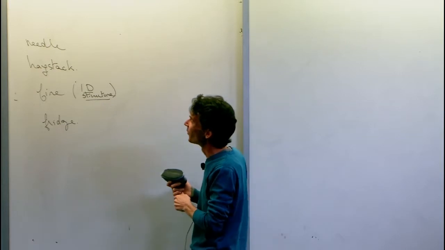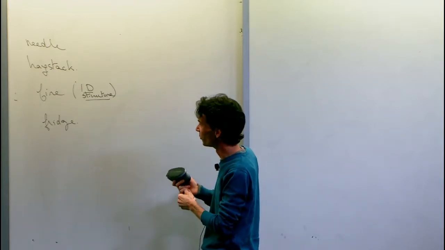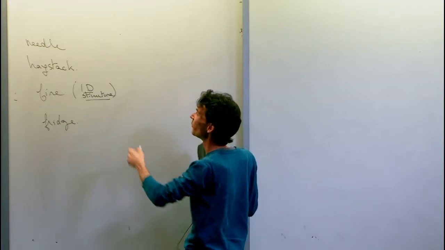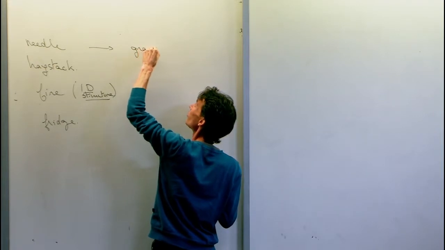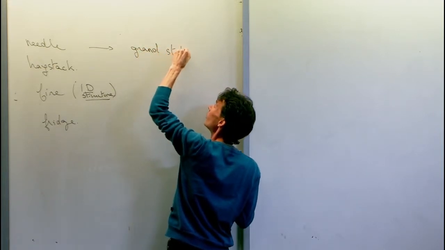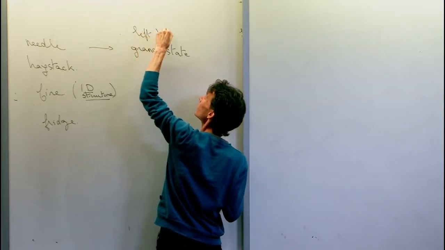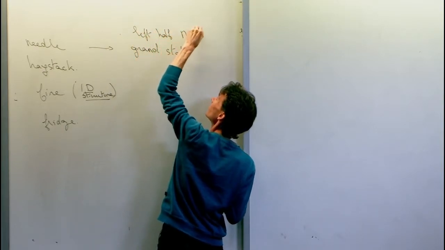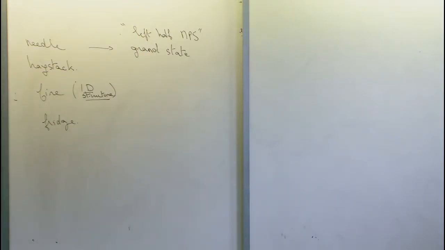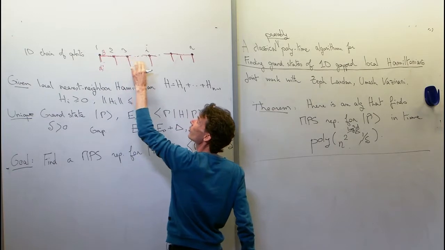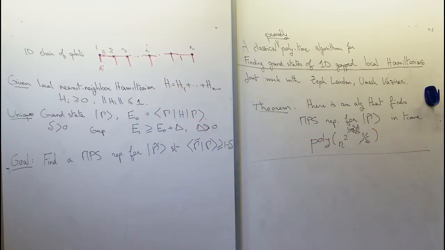Who knows? Because we're serious now, we're going to stop this fast with ridiculous language and use some much more fancy terms for everything. So the needle, this I told you, would be the ground state, or actually what I'll often refer to as the left half MPS. The left half MPS is really the kind of object I was drawing here. It's a matrix product state that lives on the first i sites, and it has an open bond on the last site.